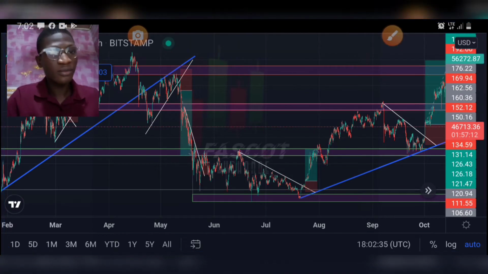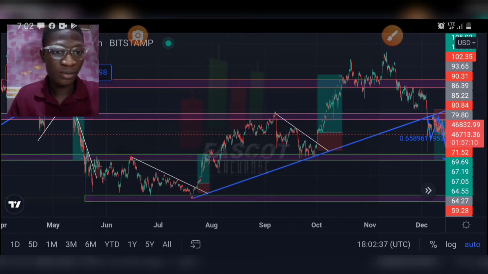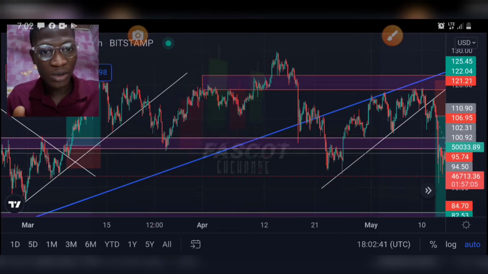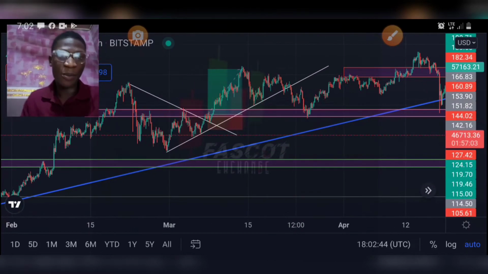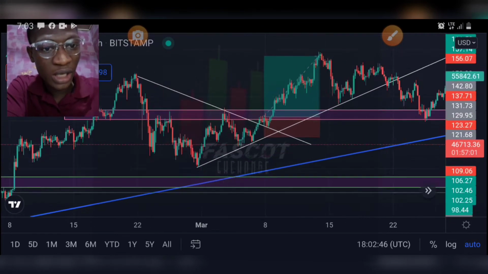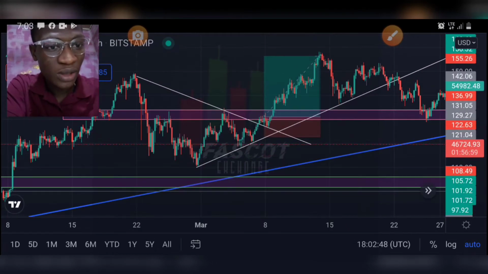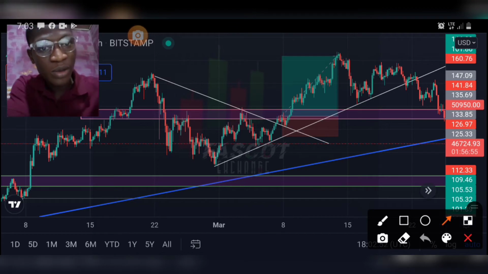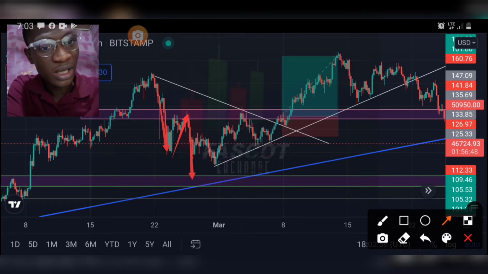Now, if you watch very closely, some time ago we were trading Bitcoin from here, I think around April. We were at a zone here, which I spread out, and I called out the signal also. You see, Bitcoin fell off from here, but it is not finding resistance there to fall more.